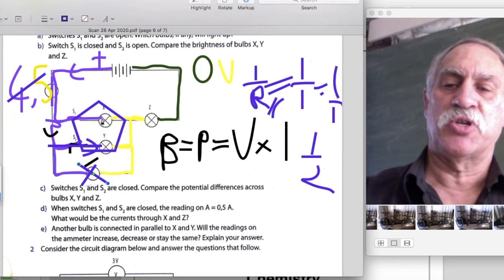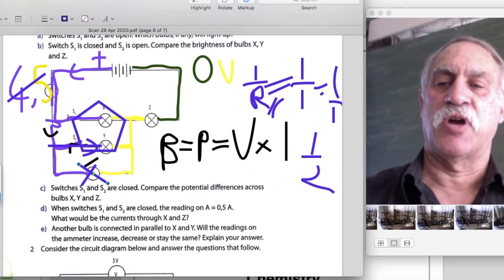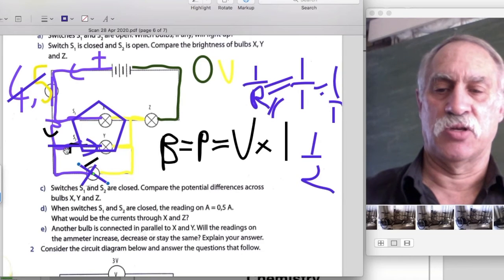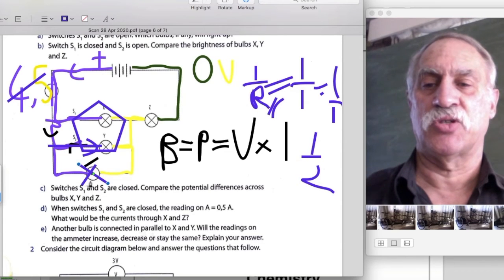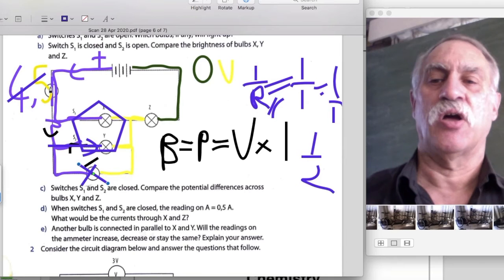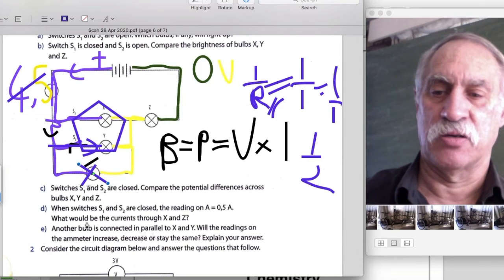Well, what did we say? The more bulbs you have, the greater the current, so the current is going to increase. Will the reading on the ammeter increase? Yes. Explain your answer. Because this is decreasing the resistance, and what's the relationship according to Ohm's law? The less the resistance, the more the current. That's how I'd explain it.